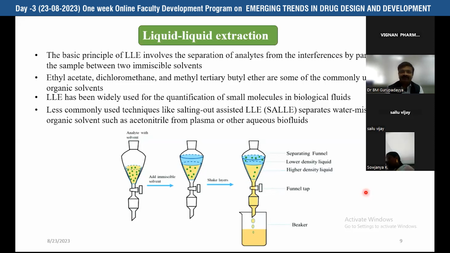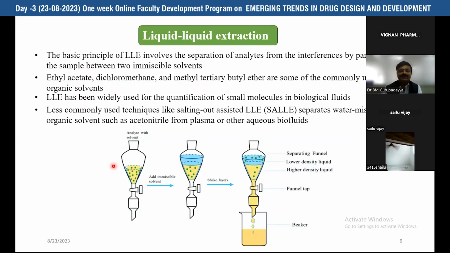In liquid extraction, we take a liquid sample, which is treated with a different solvent. Usually polar and non-polar solvents are selected accordingly. If the biological fluid is polar, we take a non-polar solvent like ethyl acetate, dichloromethane, or methyl tertiary butyl ether; these are the commonly used organic solvents.